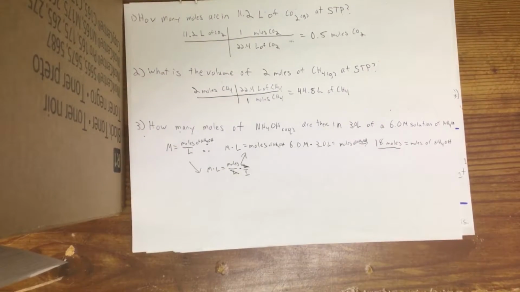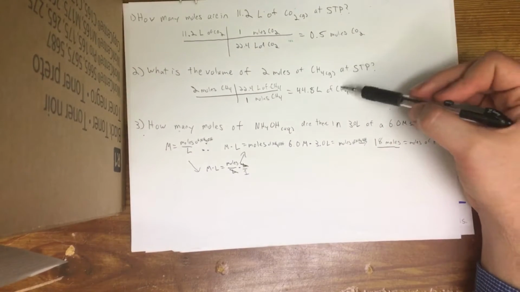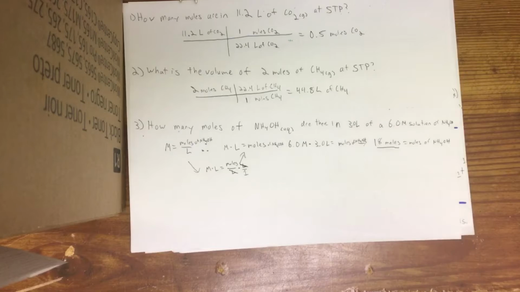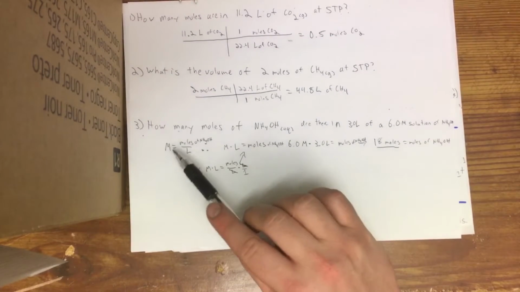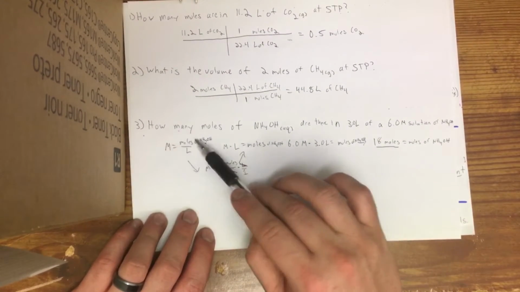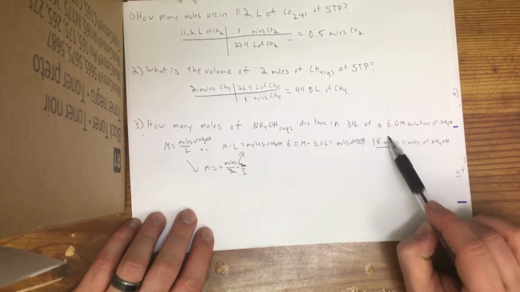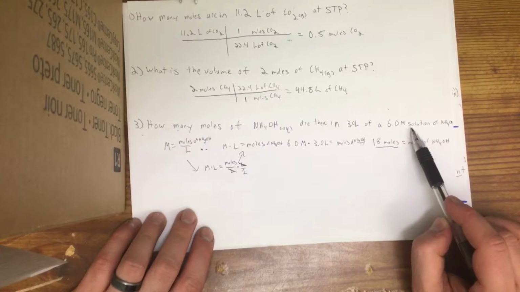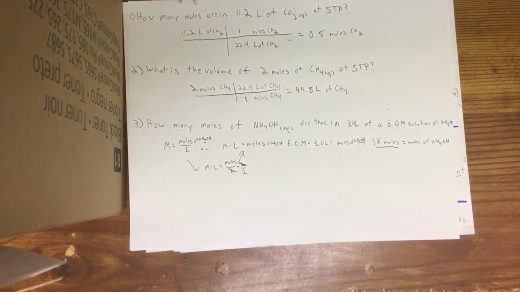Again, a very simple conversion. So these types of problems would allow you to get into and out of moles for your stoichiometry problems in order to follow the steps that we covered in the other videos. In the same way, let's look at a problem like this. How many moles of ammonium hydroxide are there in 3 liters of a 6.0 molar solution of NH4OH, of ammonium hydroxide?